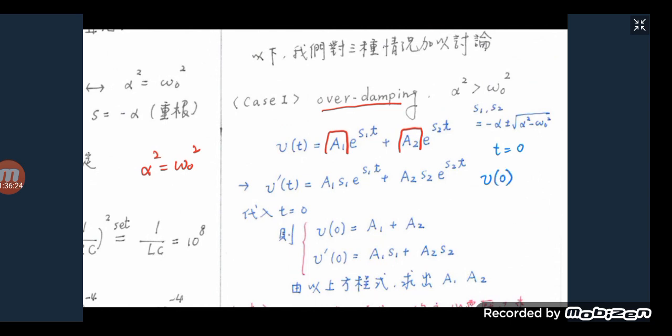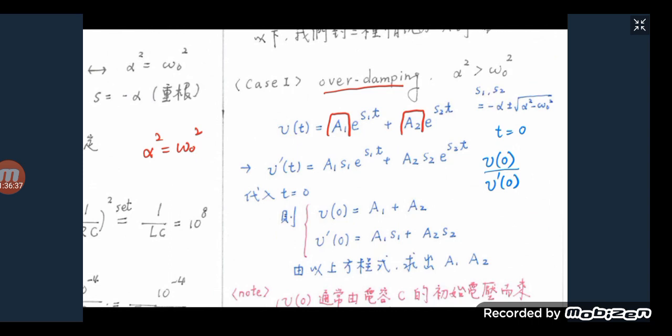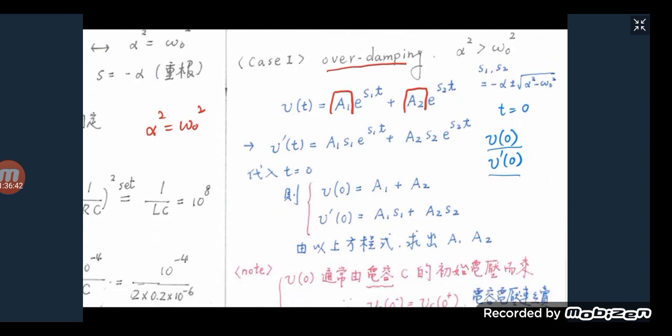So we have to give v0 and v prime 0, right? 两个常数就需要有两个初始值，对不对？So in general case, we give v0 and v prime 0. So you can see that if we give v0, it will become a1 plus a2. And if we give v prime 0, then you can do the derivative, it will become a1 s1 plus a2 s2.